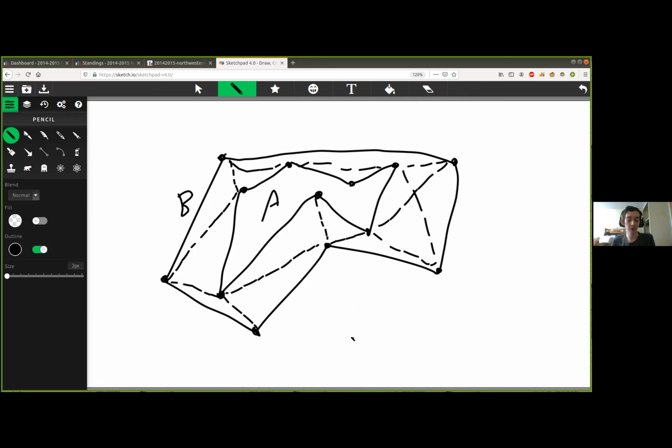I think in general, it can intersect B in lots of strange ways, so it seems clear to me that that wasn't the right path. I don't know if I can think of an example right now, but you can think that they could wrap around each other in really strange ways.